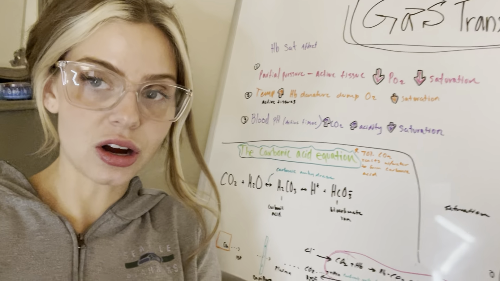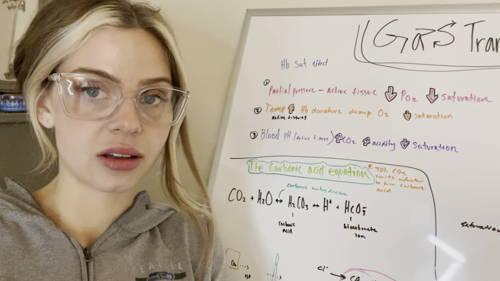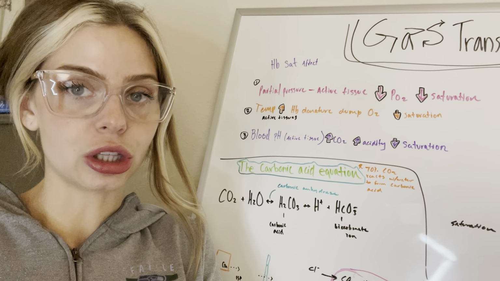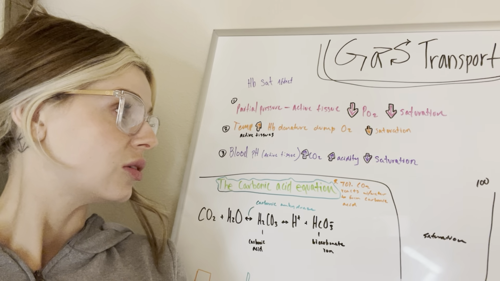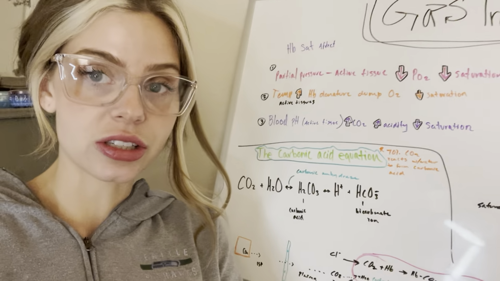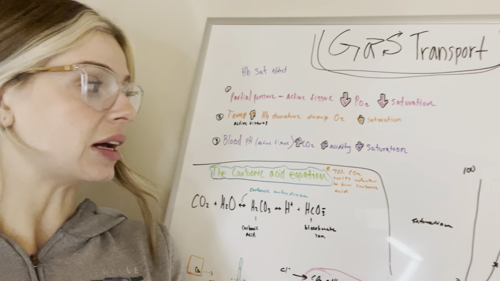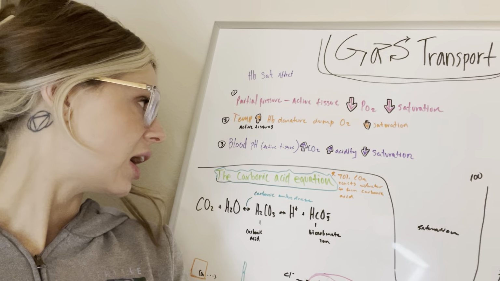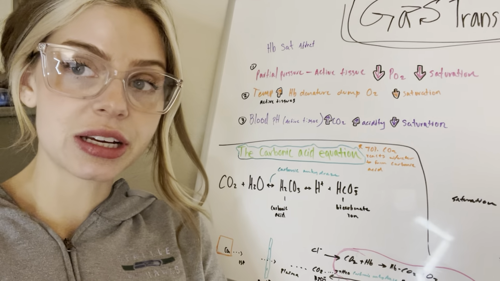So if we have high carbon dioxide in the tissues, we're highly acidic. And if we want to lower that acidity, we've got to give up the oxygen. So hemoglobin's going to give it up again. So if we have low blood pH, we are low in saturation.